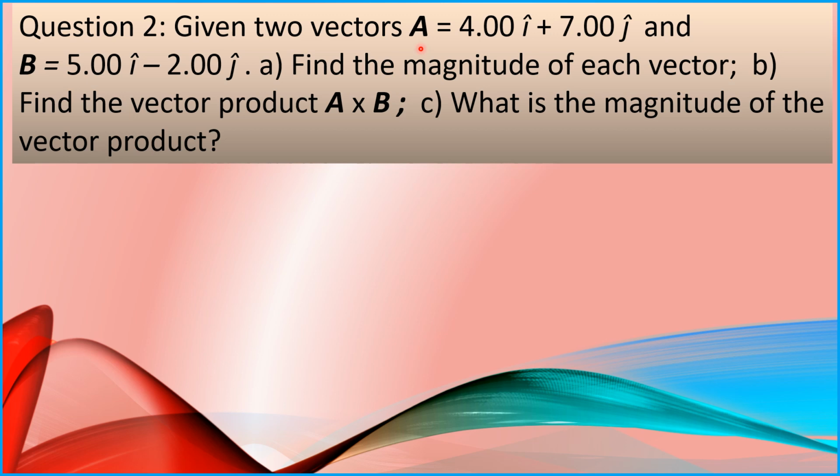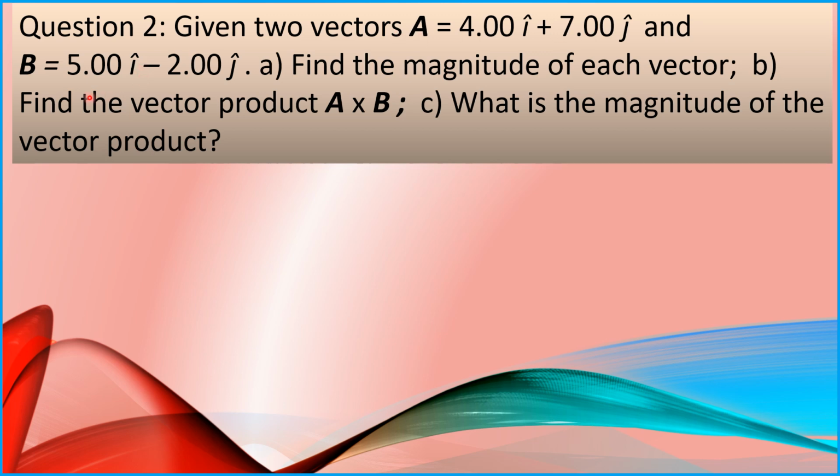Just a refresher, this way of expressing the vector means that vector A has an x component whose magnitude is 4 units, directed towards the positive x-axis, while its y component has a magnitude of 7.00 units and is directed towards the positive y-axis.